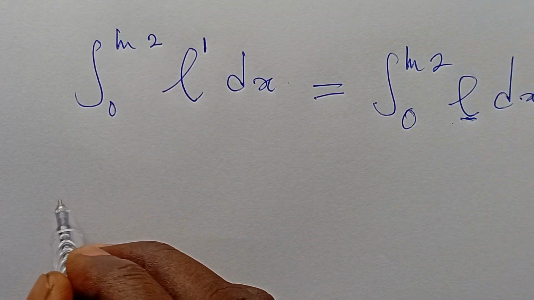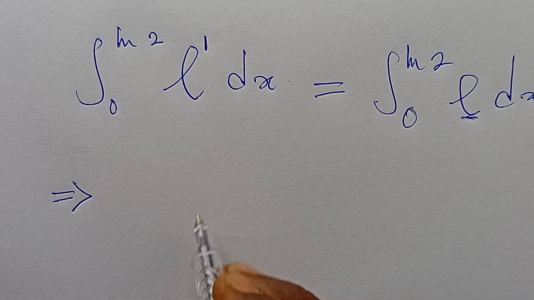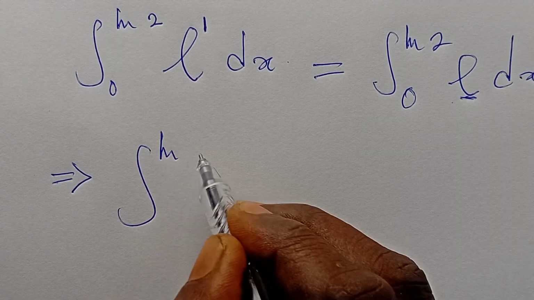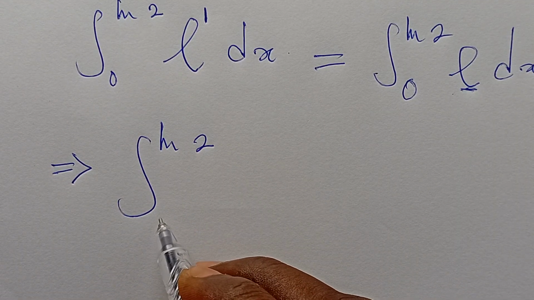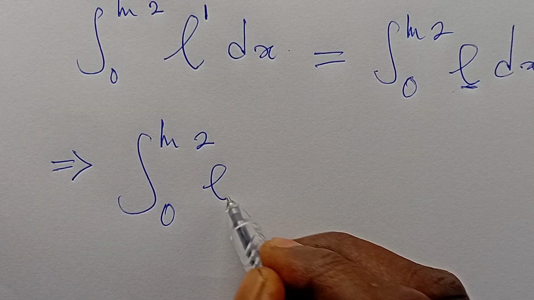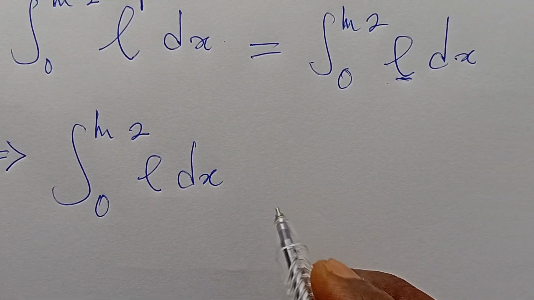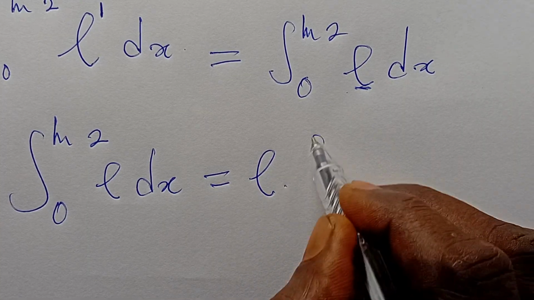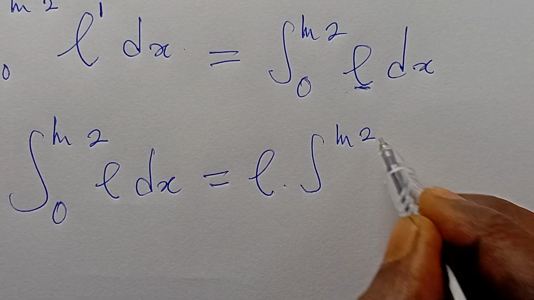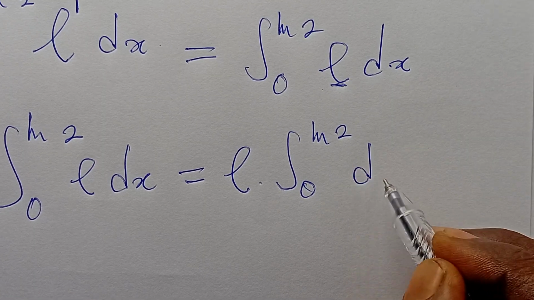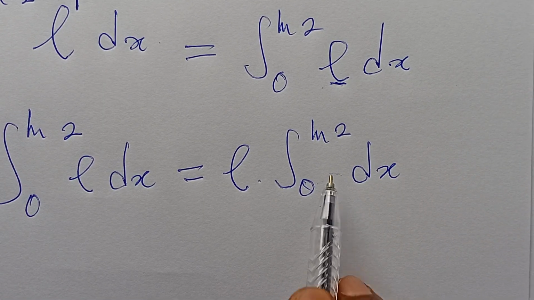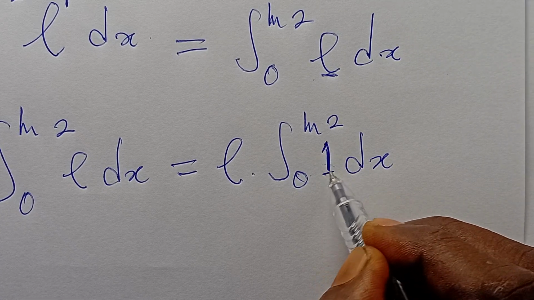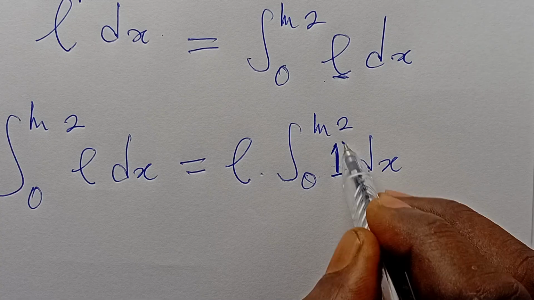So this implies that the integral from 0 to ln of 2 of e dx is equivalent to e times the integral from 0 to ln of 2 of 1 dx.